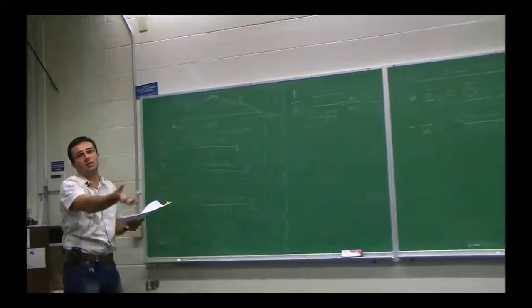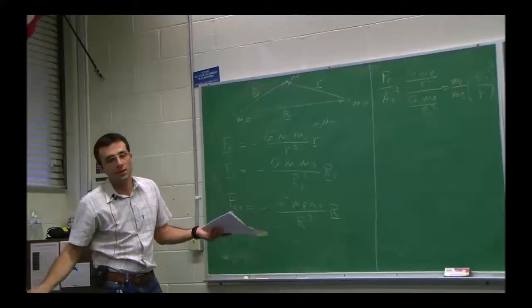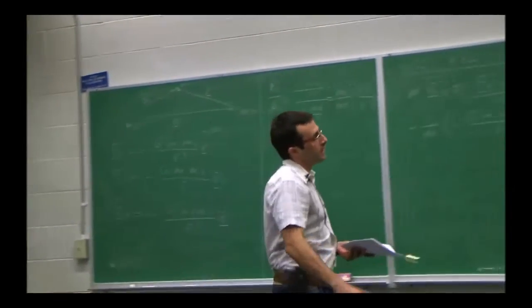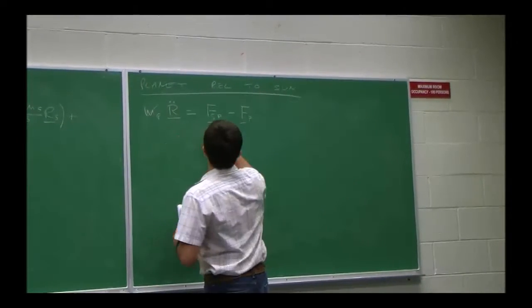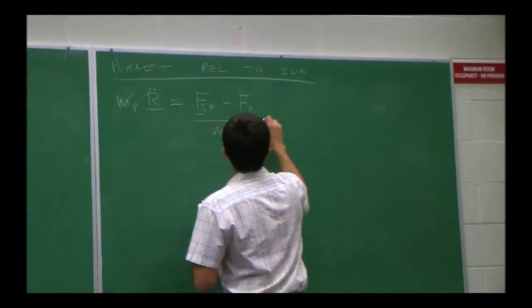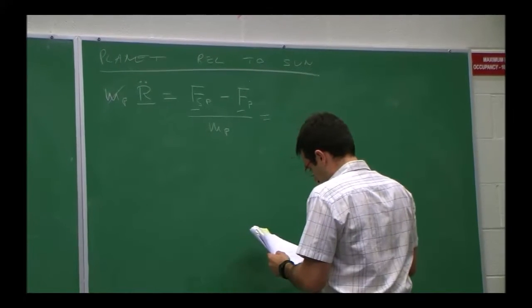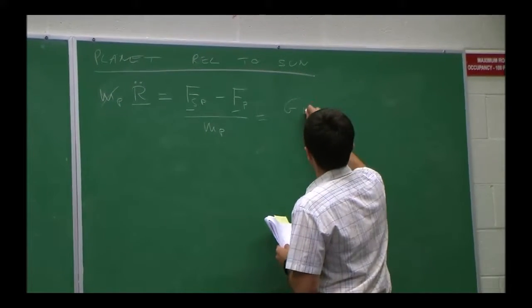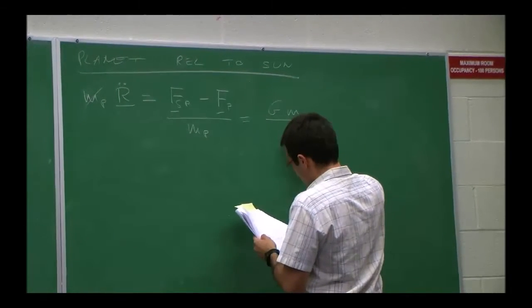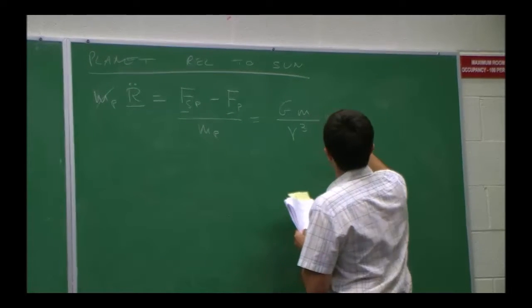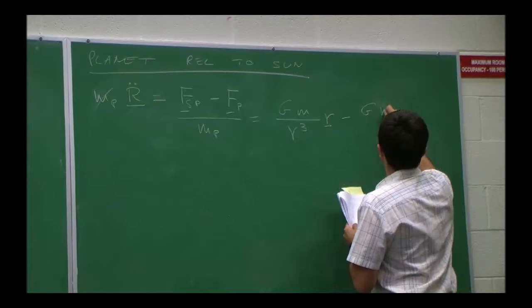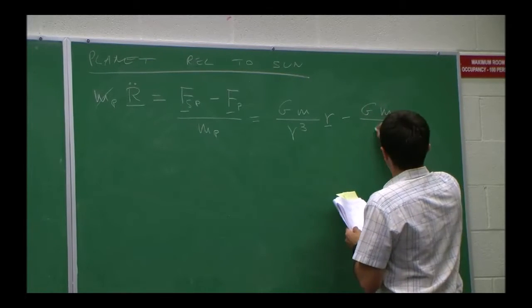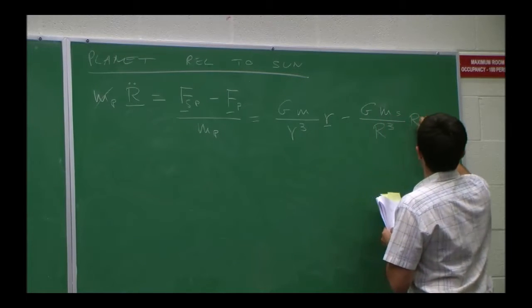This will be the force that the spacecraft is exerting on the planet, which is kind of ridiculous when you divide by the mass, but let's leave it there. And so, same thing, I'm going to divide by the mass. This is what you get. You get G, same procedure, M, R cubed, R vector, minus G Ms over big R cubed, R vector, right?